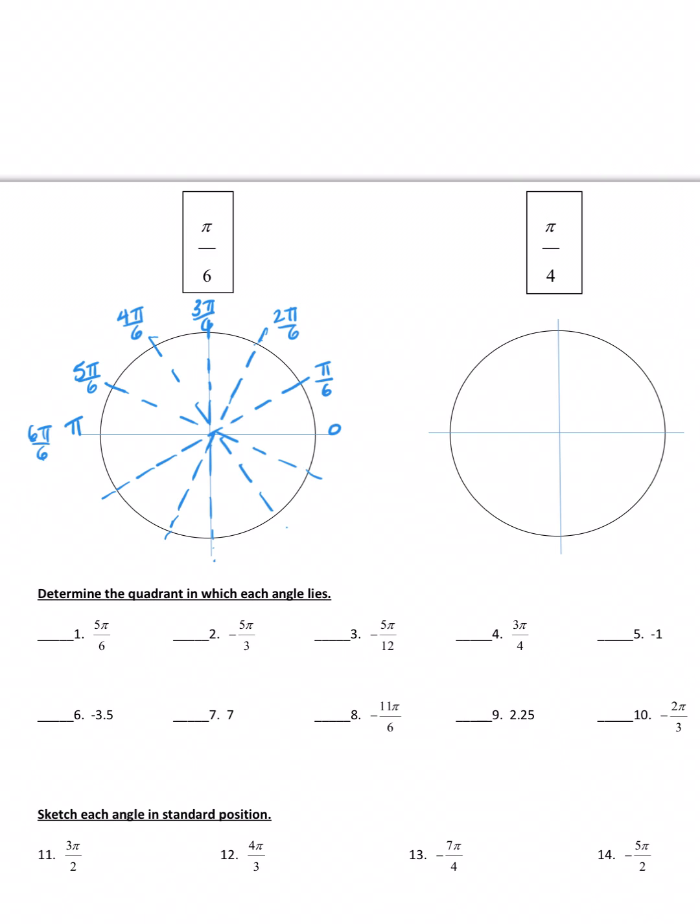I'll let you guys catch up for a second. Okay, if I keep going, I now have 7/6 of pi, 8/6 of pi, 9/6 of pi, 10/6 of pi, 11/6 of pi.